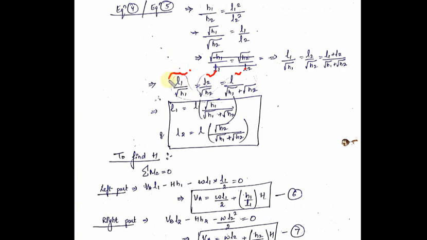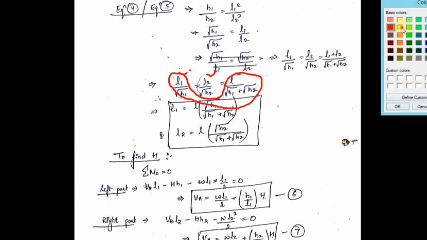Now we will put these two equations as equal. After putting these two equations as equal, I will get the value of small l1, which will come out to be L under root h1 upon under root h1 plus under root h2.